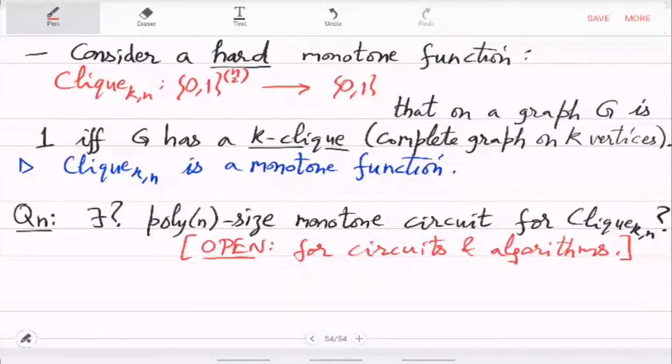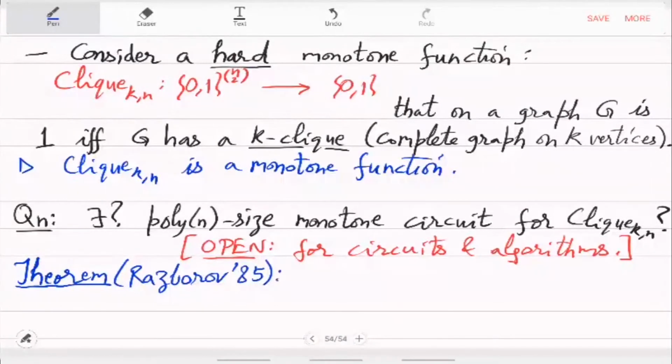So we'll basically prove this theorem by Razborov. So pick your k to be a variable function of n. Say you pick it to be n to the 1/4, and then the k clique problem or k clique function.